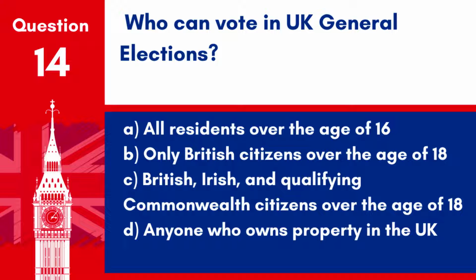D. Anyone who owns property in the UK. Answer C. British, Irish and qualifying Commonwealth citizens over the age of 18. These individuals can vote in UK general elections, provided they meet other eligibility criteria.